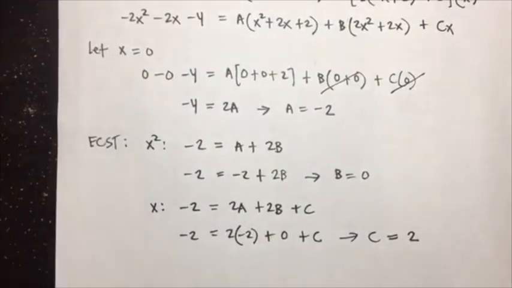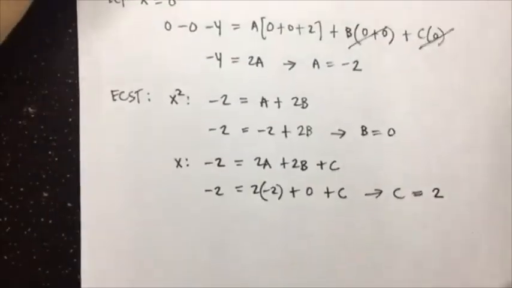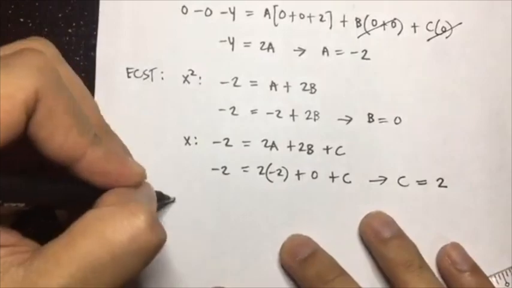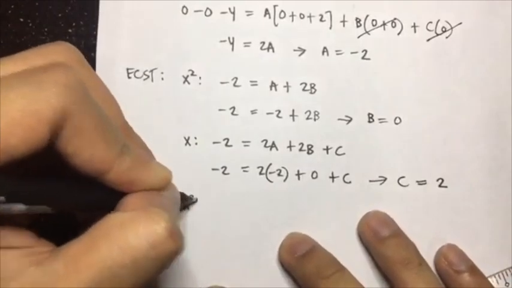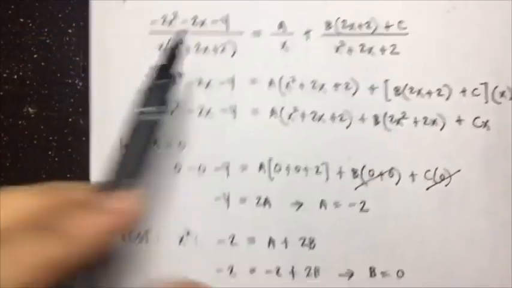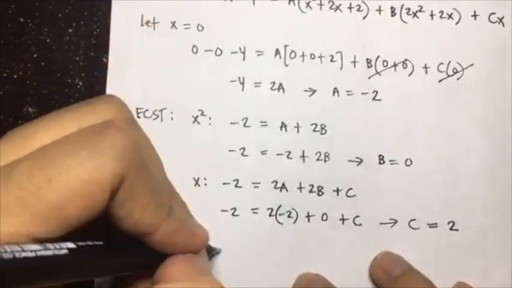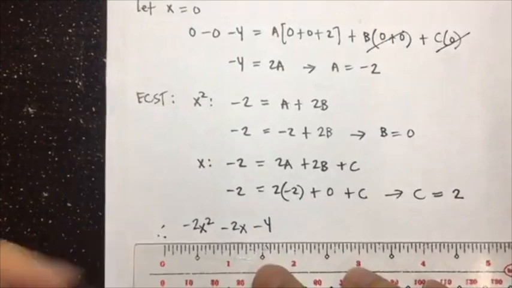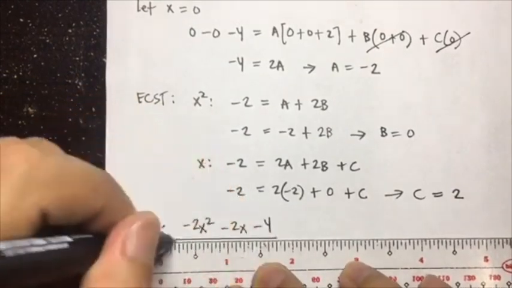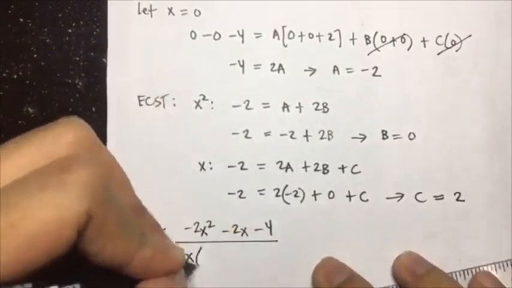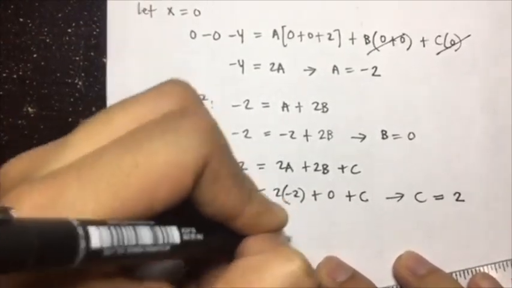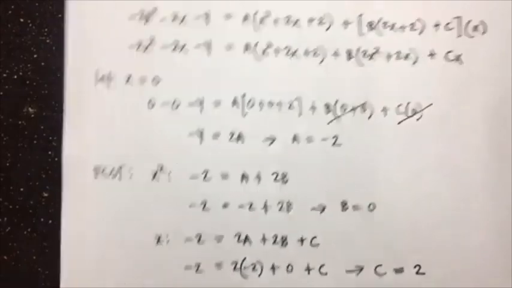Okay, so therefore we can say that negative 2x squared minus 2x minus 4 over x times x squared plus 2x plus 2 is equal to a over x.